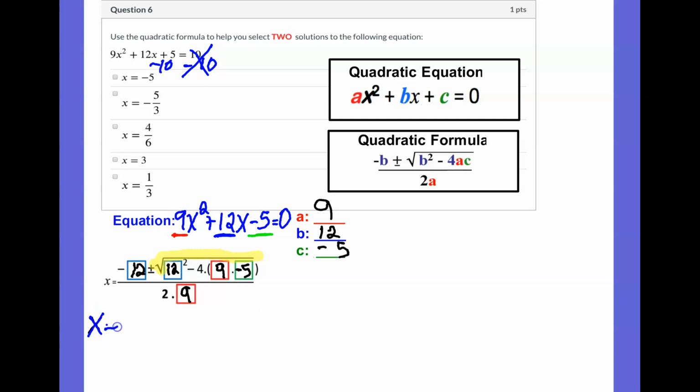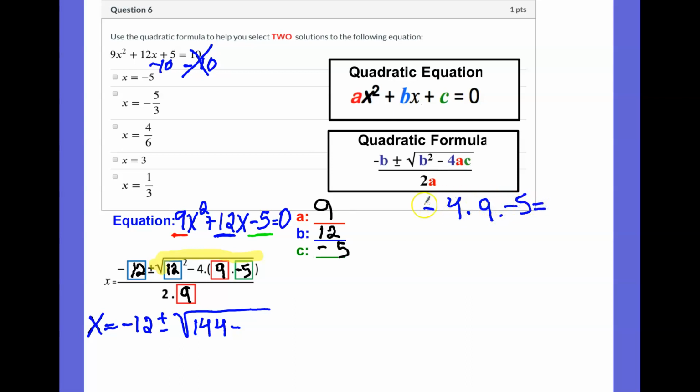X equals, the opposite of 12 is -12, plus, minus, and now I am going to solve inside the square root. 12 squared is 144. Then we're going to multiply -4 times 9 times -5.